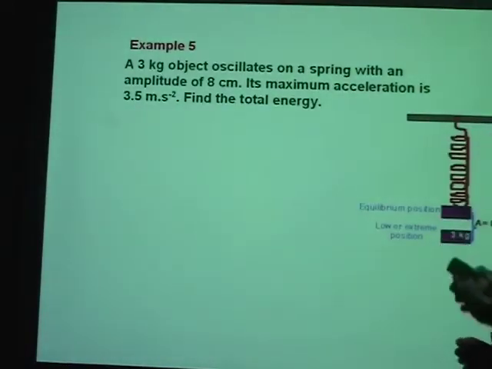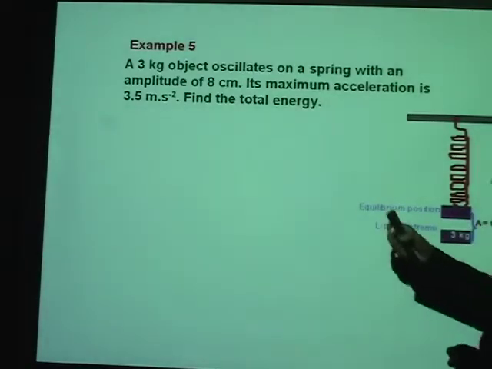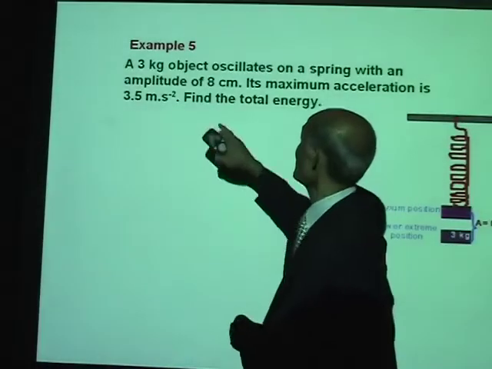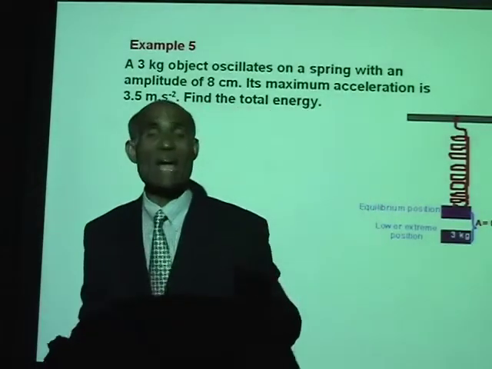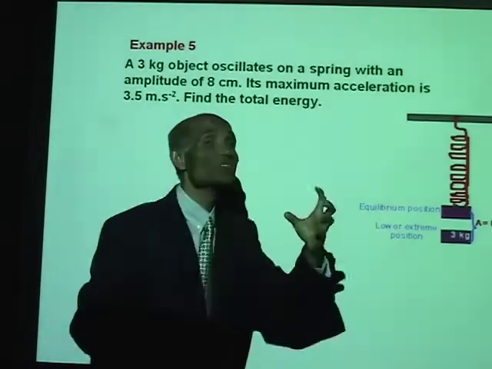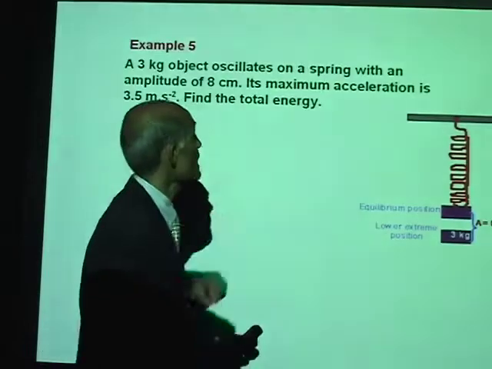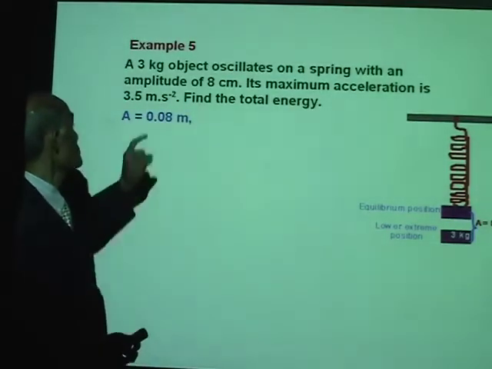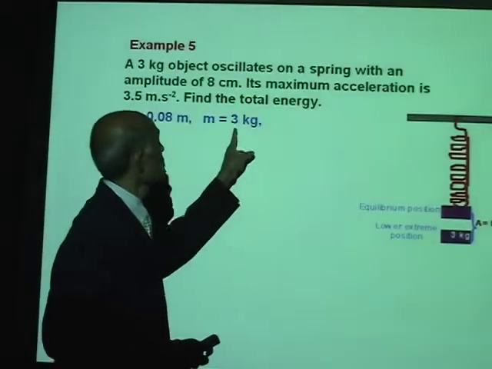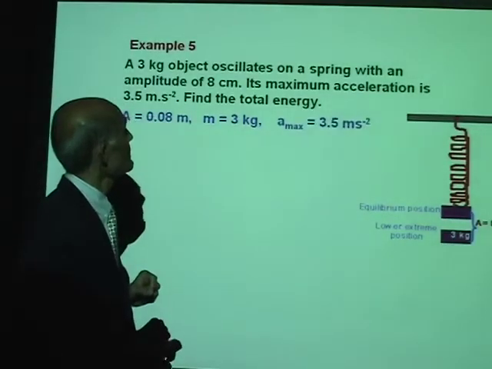You have a spring oscillating a 3 kilogram object and the amplitude is 8 centimeter. Well, the total energy is 1/2 kA squared. We know A, that means we need to find K, the spring constant. All right. Amplitude is 0.08 meter. Mass of the object is 3 kilogram.